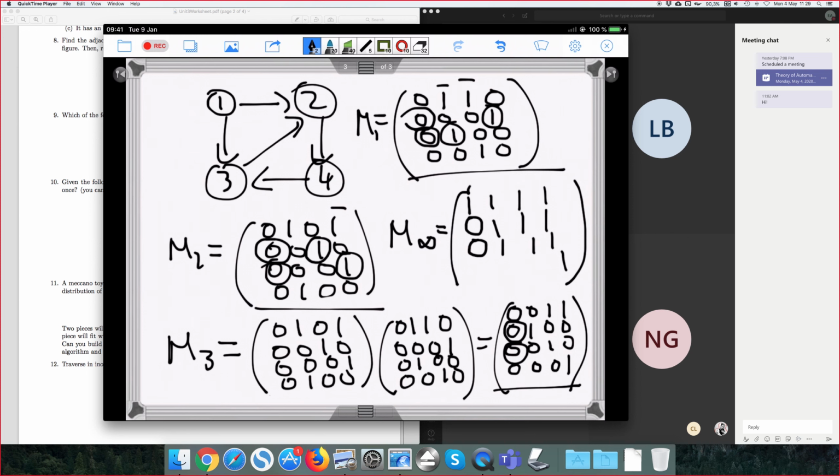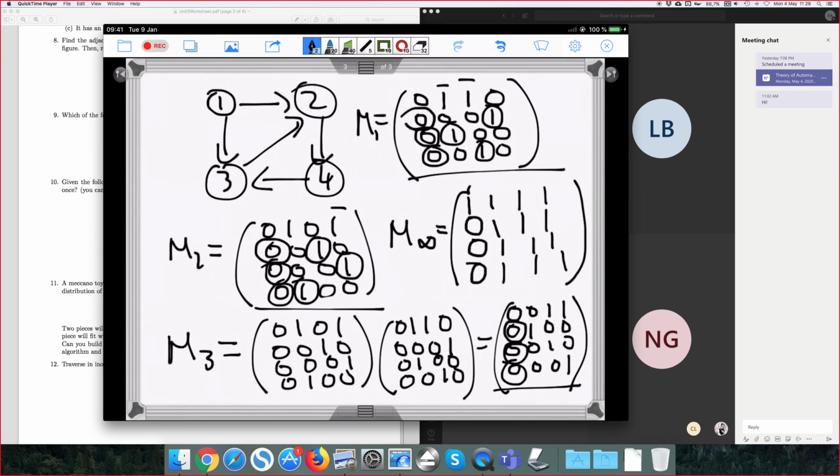And for the last row, I cannot go from 4 to 1. This is 0, this is 0, and this is 0. I can go to 2, for instance, because of this one here, and I can go to 3 because of this one here.